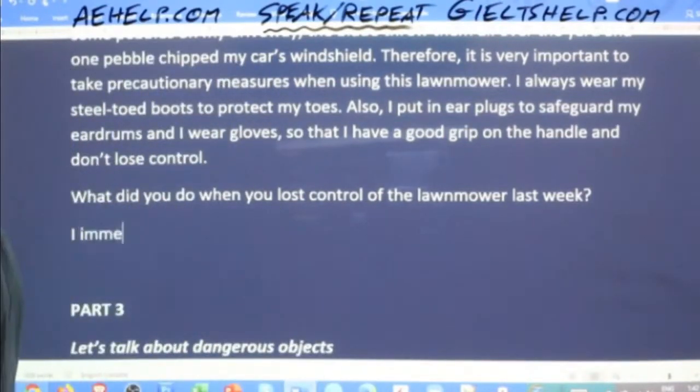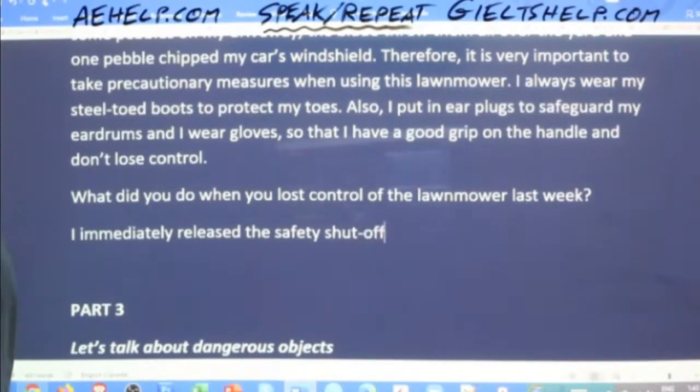All right. So this one right here. I immediately released the safety shut-off lever and stopped the engine.